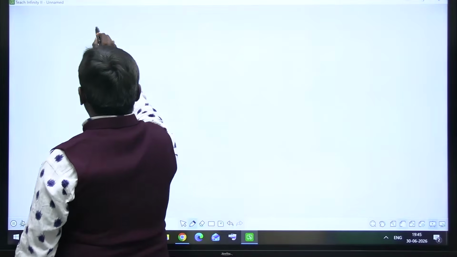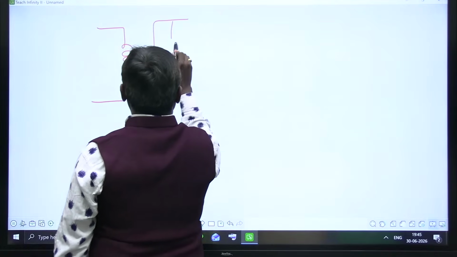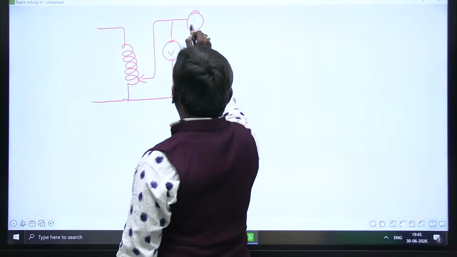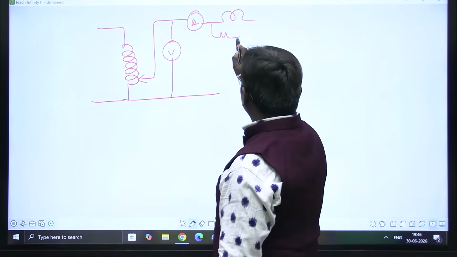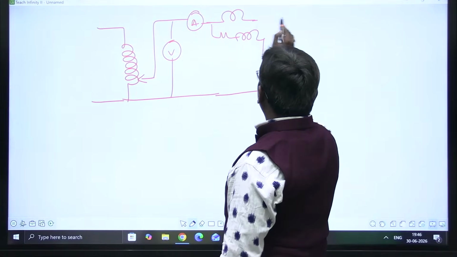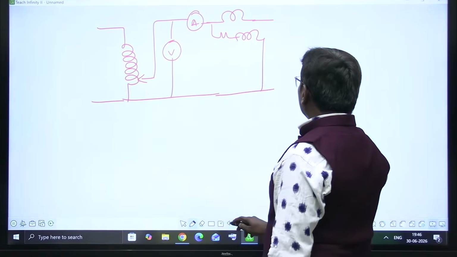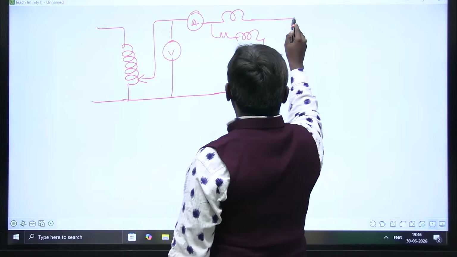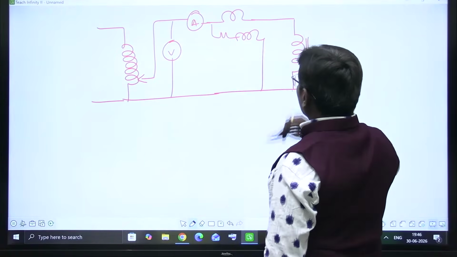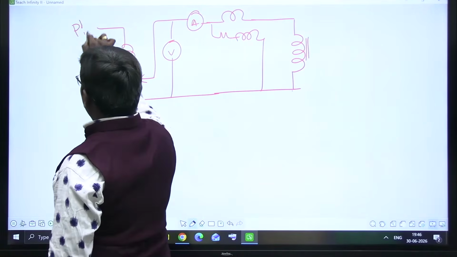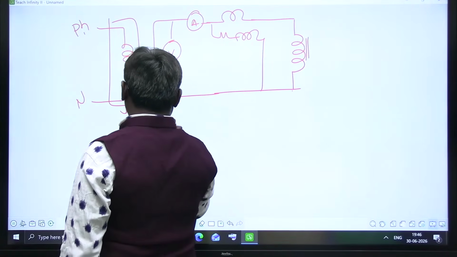See, we are having an auto transformer for this one. So this is voltage and the current, and in order to indicate the power, a wattmeter is required here. And also there's a phase and neutral here, and this part is called the single phase variac.